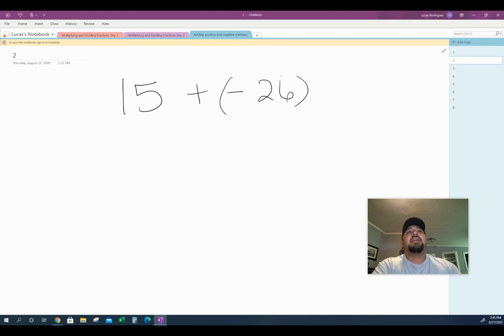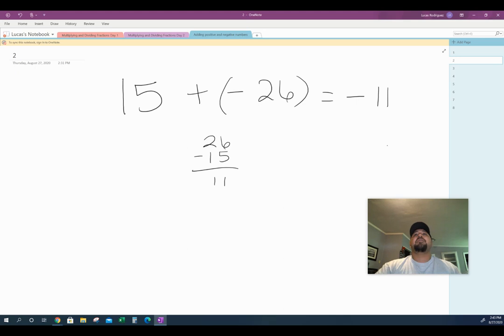Well, right now the negatives have the bigger army, so we know our answer is going to be negative. But how much? All 15 of these guys are going to die, but they're going to take out 15 of these negative guys. So really what I need to say is 26 minus 15 is really 11. So my answer is negative 11. I'm still going to have 11 negative soldiers standing.